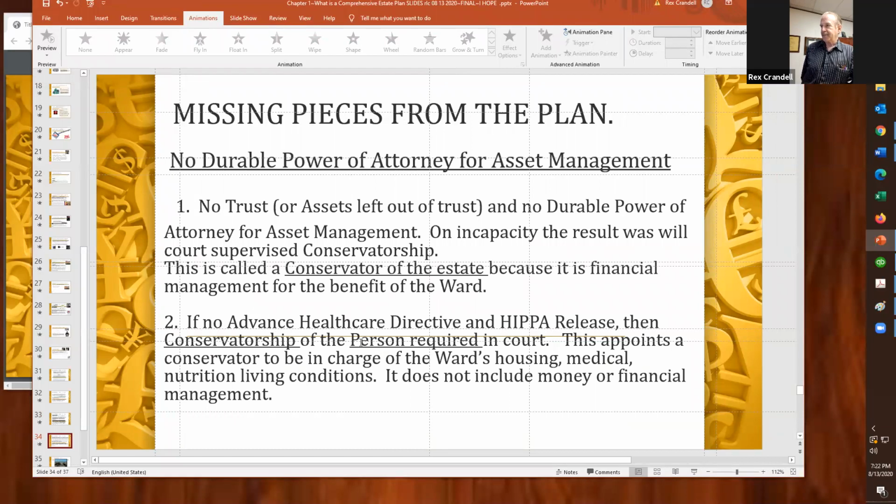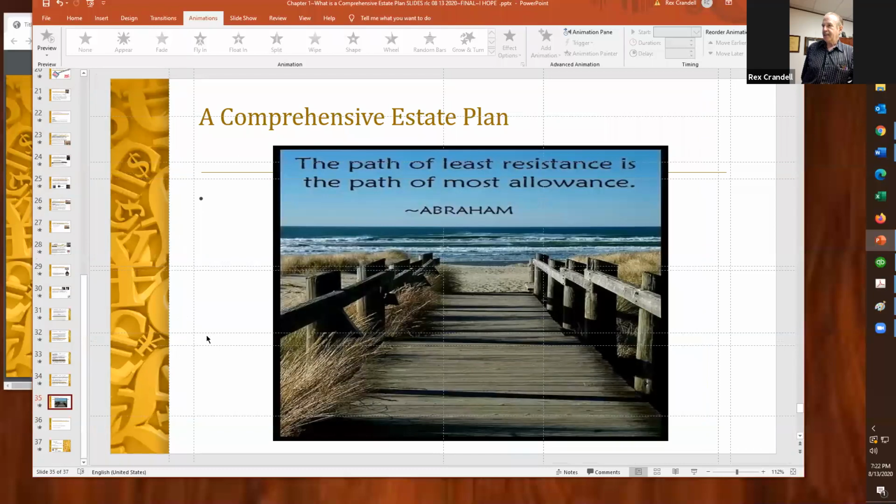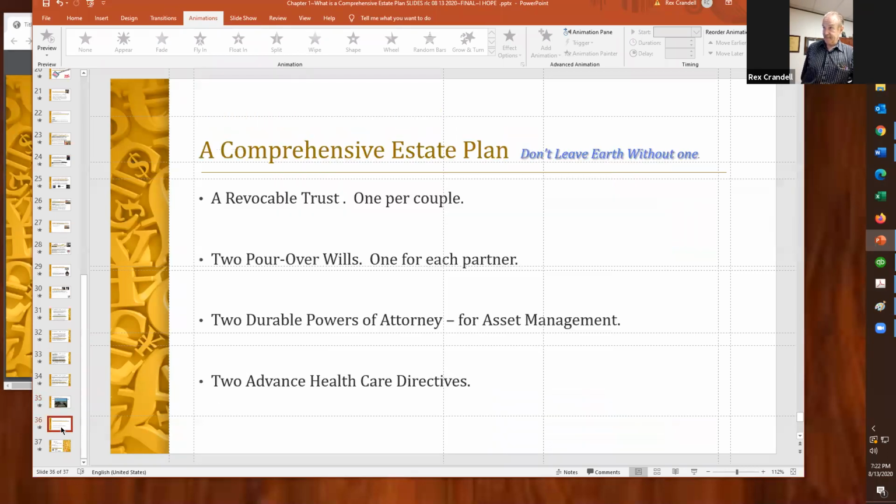Okay, so we've already talked about these 2 items. And the path of least resistance, which is doing a good estate plan, is the path of most allowance. So what we've covered today is what is a comprehensive estate plan and also how to mess it up. A revocable trust, 1 per couple.